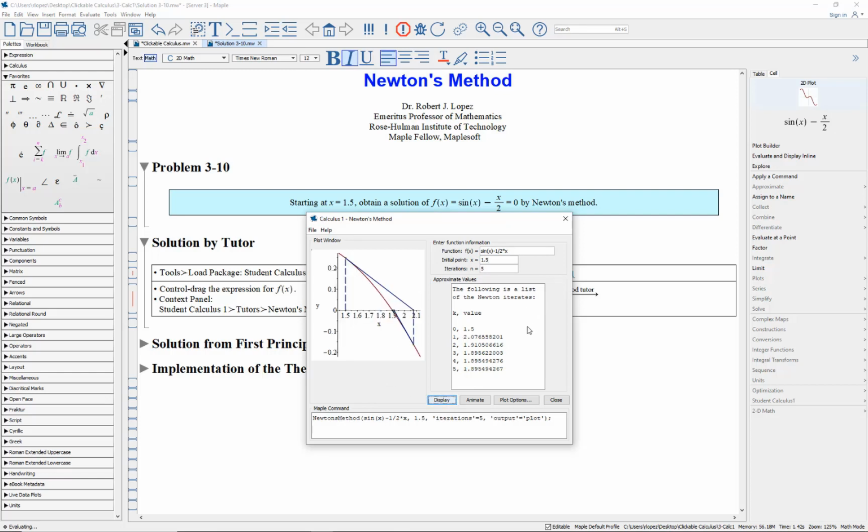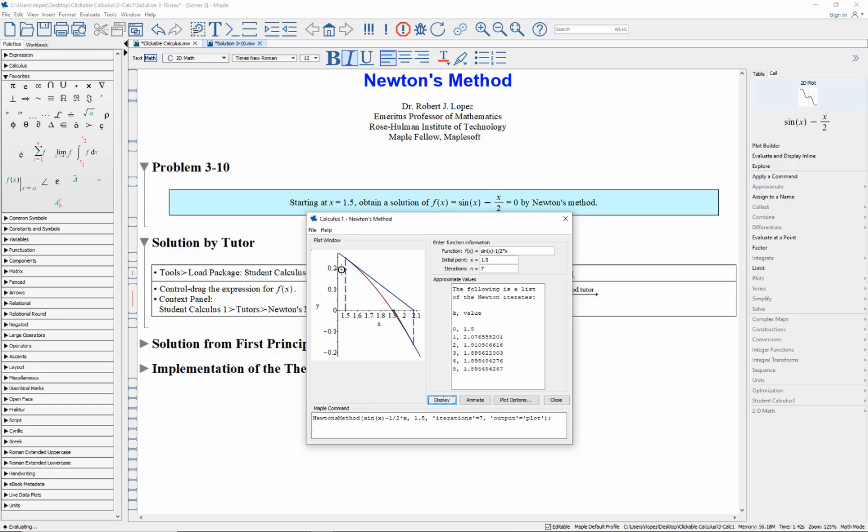Display. So what do you see? You see the iterates. If you go more than the default 5, let's do 7. Maple quits at 5, which means the 6th one is going to be the same as the 5th one.